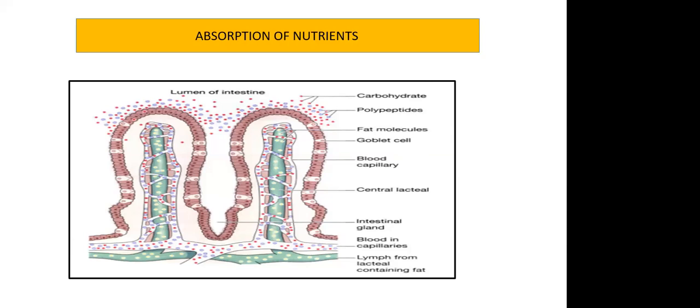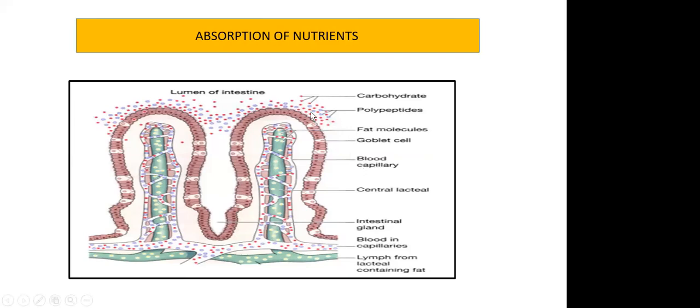into the capillaries of the villi. Monosaccharides and amino acids pass into the capillaries in the villi, and fatty acids and glycerol into the lacteals. See, this is the lacteal. Fatty acids will pass here, and monosaccharides and amino acids into the capillaries in the villi.